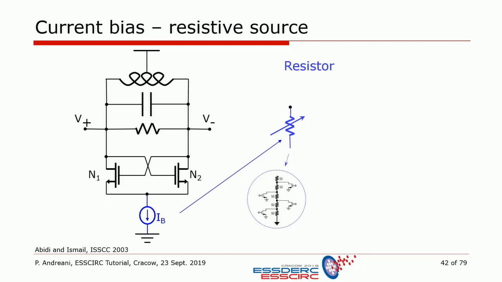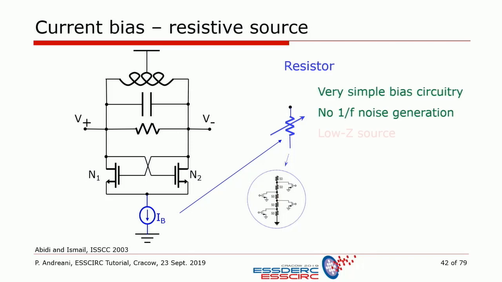Typically, you have a couple of options, well, you have more, but let's say a couple of options very often. You can have a variable resistor. The nice thing is that the biasing circuitry is really easy, very simple. There is no 1/f noise generation in these resistors, but the problem is that they have a low impedance. What we have seen so far, remember, is that we assumed an ideal current source.